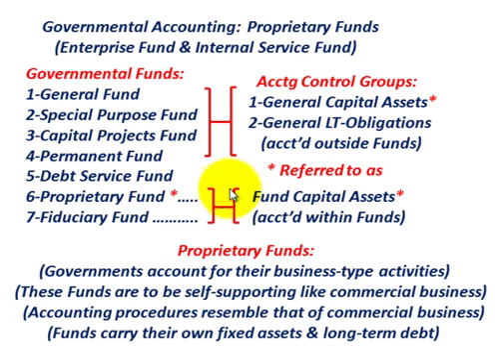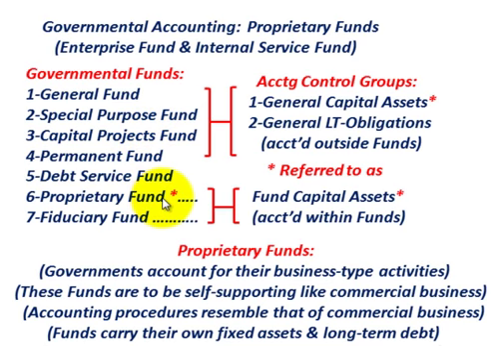But the point we want to make with the proprietary fund and also the fiduciary fund is that you account for your capital assets and any long-term obligations within the funds themselves. So with the proprietary fund, you're talking about fund capital assets versus general capital assets that you'd be accounting for in your typical governmental funds.